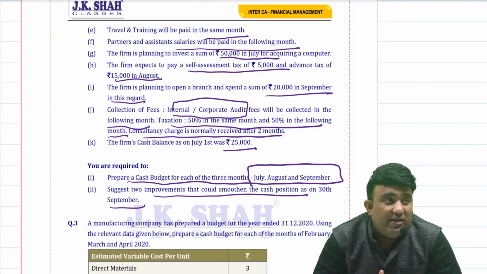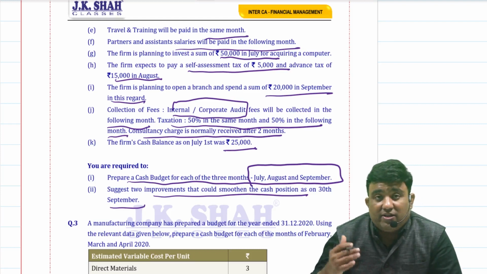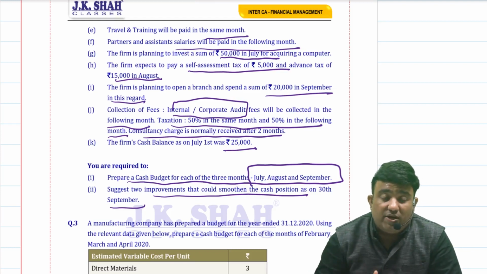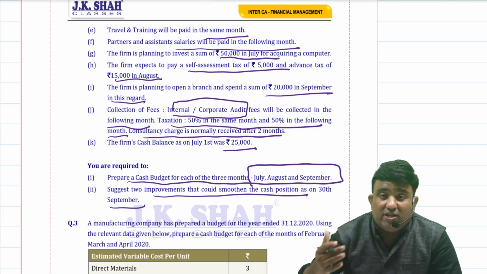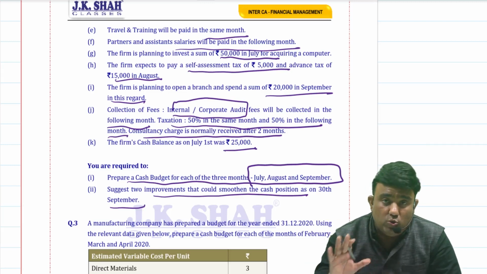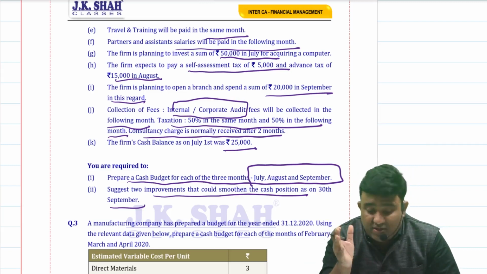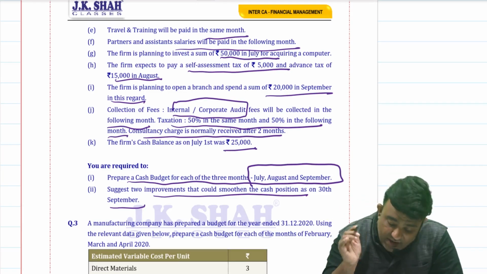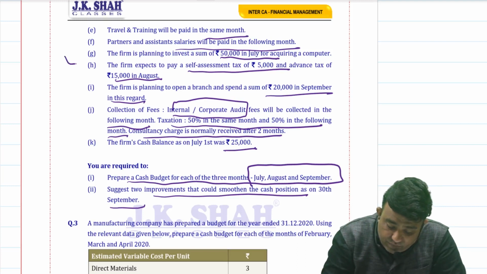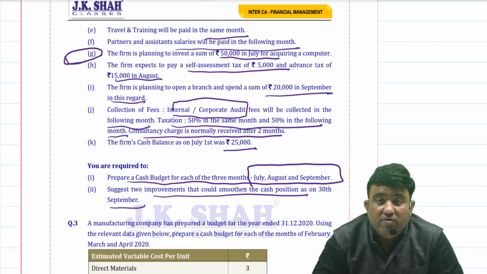You might be advising that let us not pay our telephone expense on time, let us delay the payments, let us increase the creditors payment time and so on. No, no, no. When they ask you some suggestions, suggestions are purely from the viewpoint of some abnormal effects. Like you can say this point, 50,000.